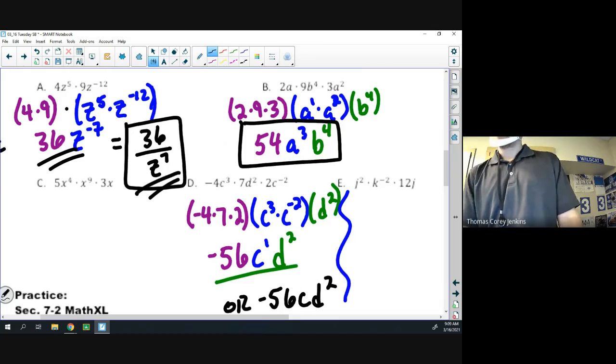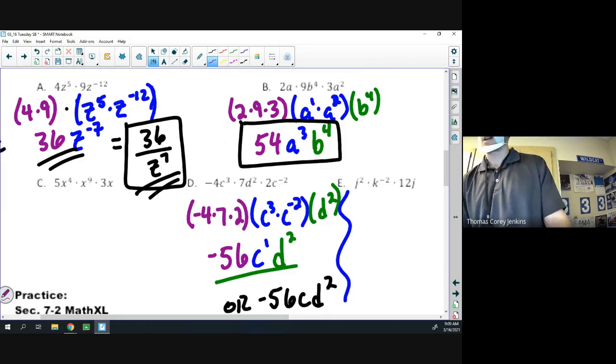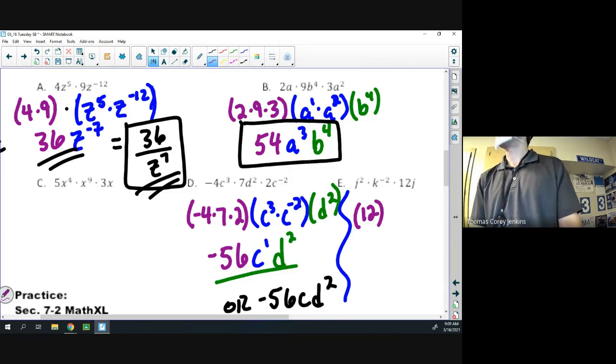All right, so my coefficient part is, I have 1j squared, 1k to the negative 2, and 12j. So my only real coefficient that I need to worry about is the 12. I'm not going to write 1 times 1 times 12, because we know that's just 12.